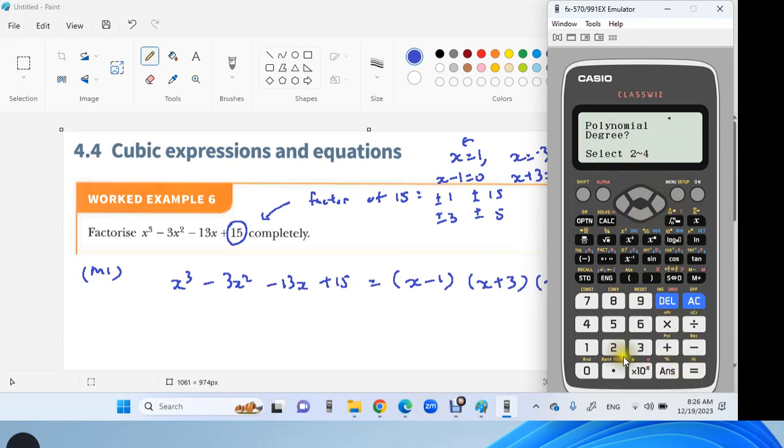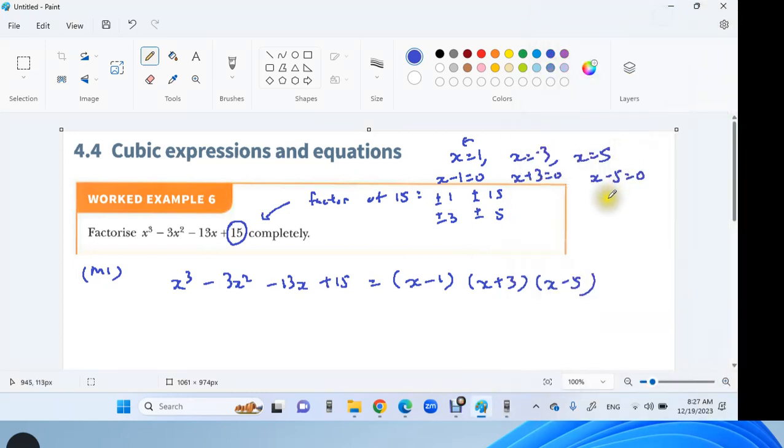Number 2, polynomial, and then number 3, degree 3. We have 1x cubed, negative 3x squared, minus 13x and plus 15 equal to 0. Then we get -3, 5, and 1. The calculator straight away gives you the answer, so the teacher doesn't know whether you are doing trial and error or using a calculator.